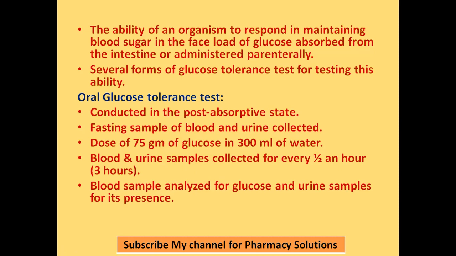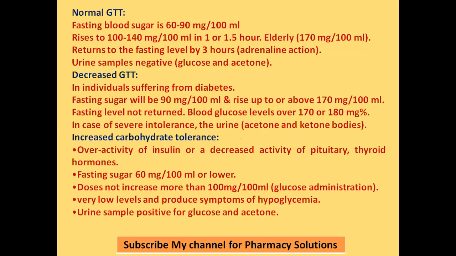After you carry this out, you will come to know whether the person has normal glucose tolerance, decreased glucose tolerance, or increased carbohydrate tolerance. Normal GTT is seen in a normal person who is not suffering from diabetes.